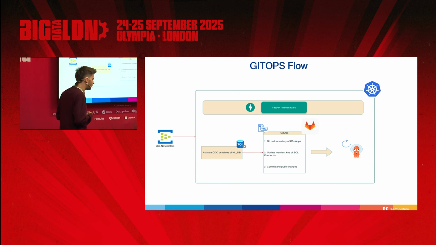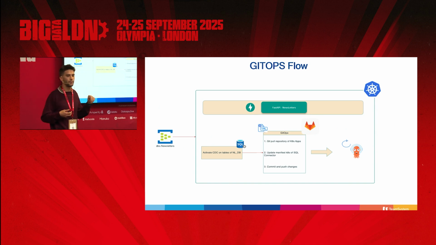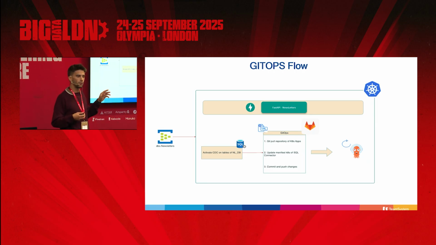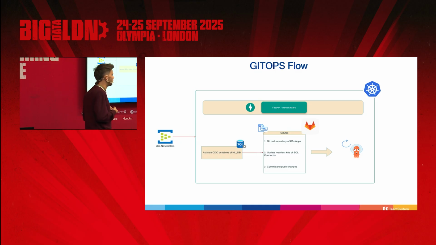The second step is to pull the GitLab repository where you have stored all the configuration files for each Debezium instance. You can find the right configuration file for the right server, because you have one configuration file for each server.